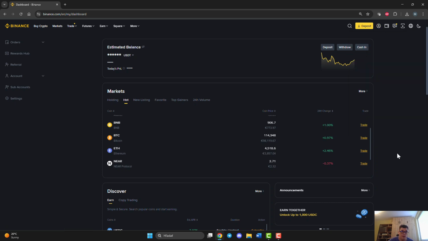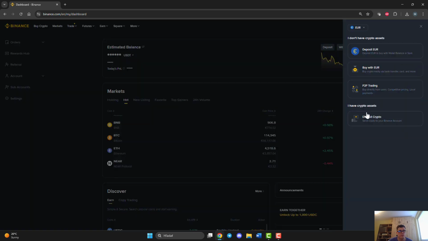So, next, you need to deposit $100, right? So you just click to deposit, and you can choose a lot of possibilities there for how you can deposit your funds. So you can choose directly fiat currency or send your crypto.